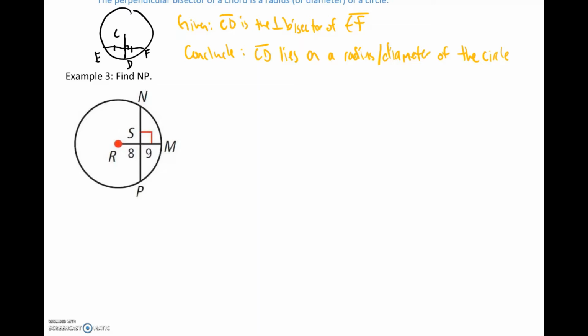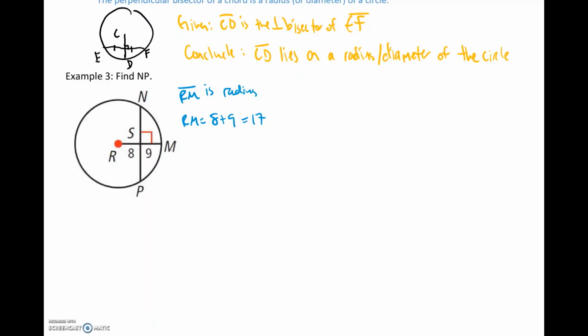We know that RM is a radius. We know that RM equals 8 plus 9 or 17 using our segment addition postulate. And I'm not writing down all my reasoning, so you guys can go ahead and do that if you'd like, just to get used to, right, explaining your work.